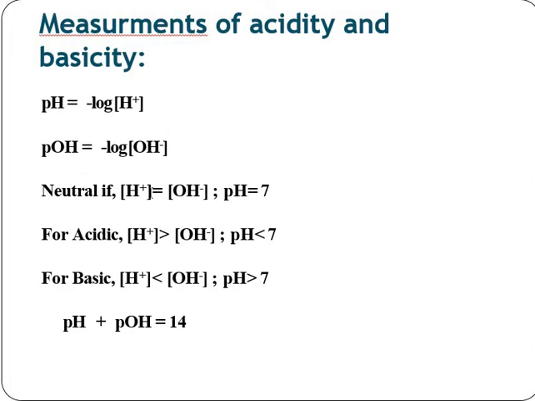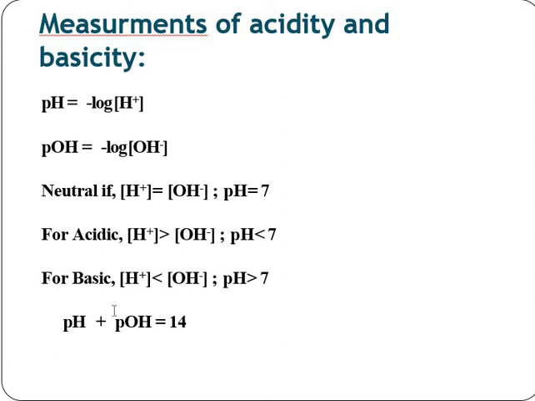If the concentrations of H plus ions and OH minus ions are the same in the given solution, the solution is neutral and the value of pH will be 7. If the concentration of H plus ions is greater than the concentration of OH minus ions, the substance is acidic in nature and the value of pH will be less than 7.